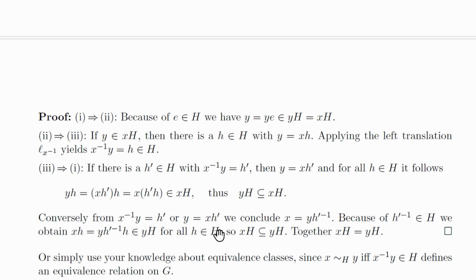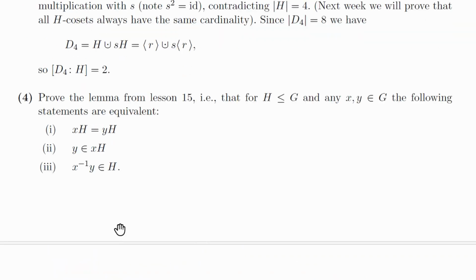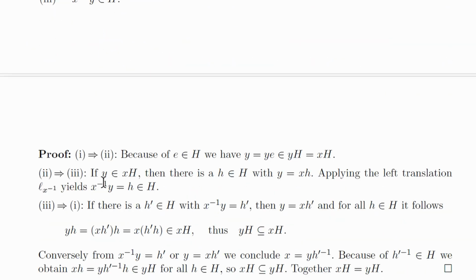The proof becomes much easier if we use our knowledge of equivalence relations. On problem set 6, you basically showed that this here is an equivalence relation. There the inverse was on the second group element, so this would correspond to the right cosets, but the proof is essentially the same.